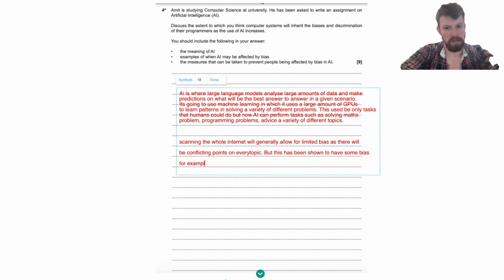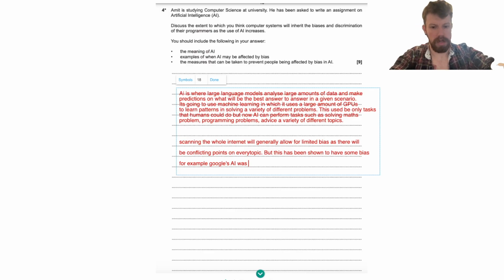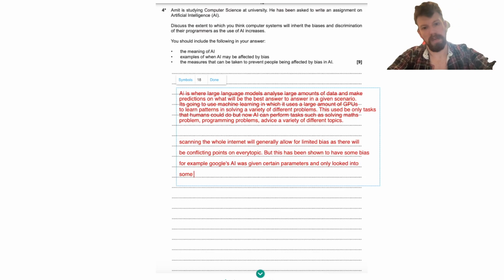For example, with Google's AI. So I'd maybe give an example. Google's AI was given certain parameters and only looked into some areas and not all.